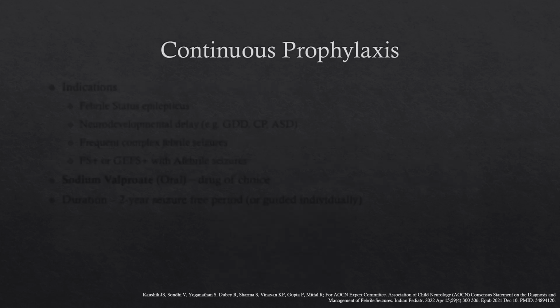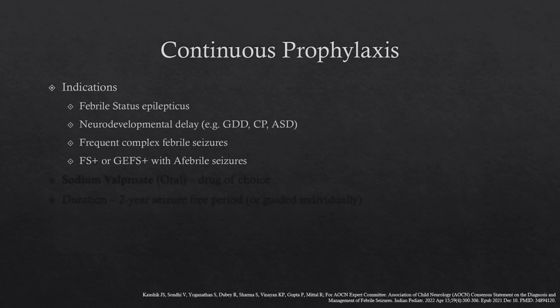Now, what are the indications of continuous prophylaxis? That means, is any medication needed on a continuous basis in a case of febrile seizure? So what are the indications? If the child has had febrile status epilepticus, that means febrile seizure lasting 30 minutes or more.